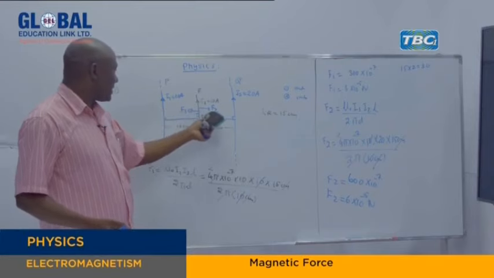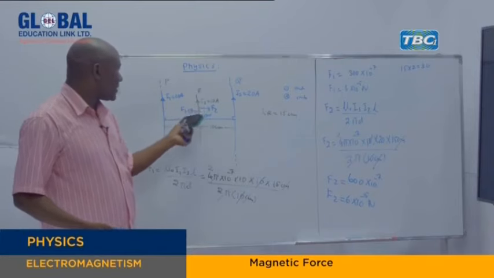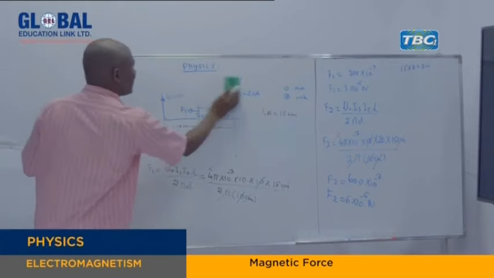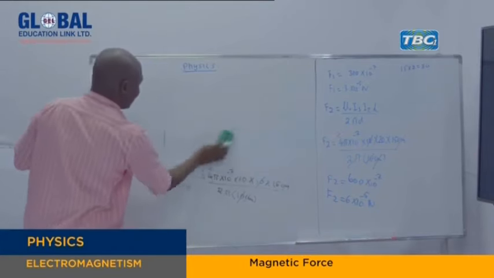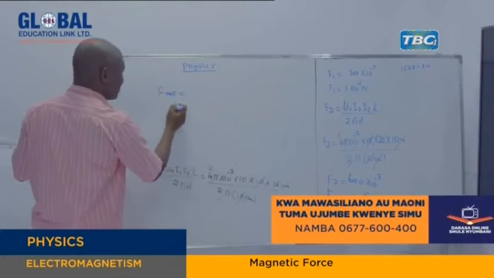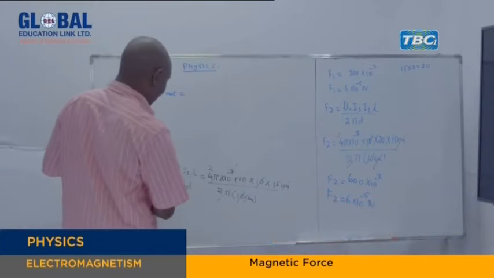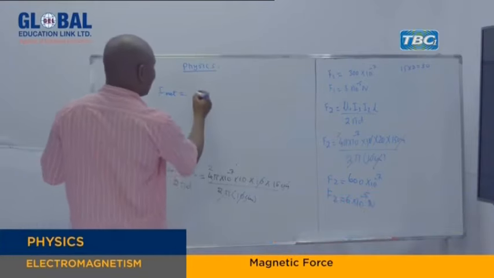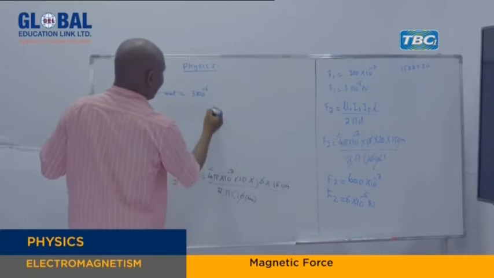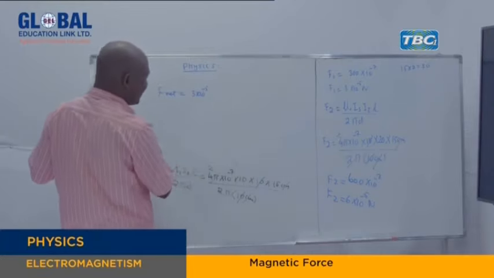And the net force here is the summation of the two. Because the two forces are acting in opposite directions, you find the one with greater magnitude. So the net force equals, our first value was 3 times 10 to the power negative 5, and you can see one is pointing in the other direction.